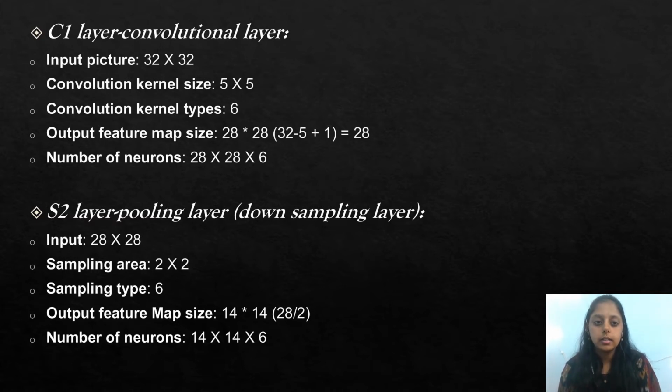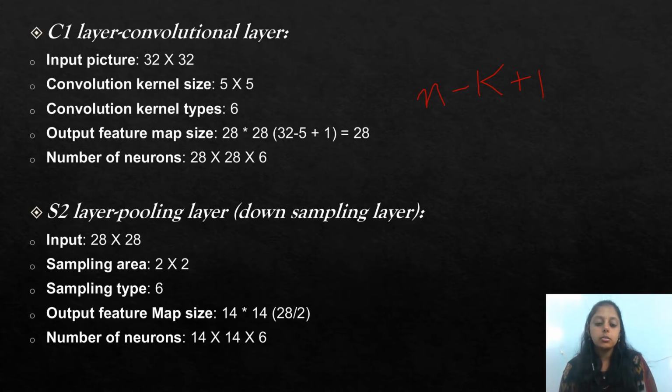The formula is n minus k plus 1, where n is the size of the input picture and k is the size of the kernel. So 32 minus 5 plus 1, we got 28 by 28. The size of the feature map is 28 by 28 and the number of neurons is 28 into 28 into 6.